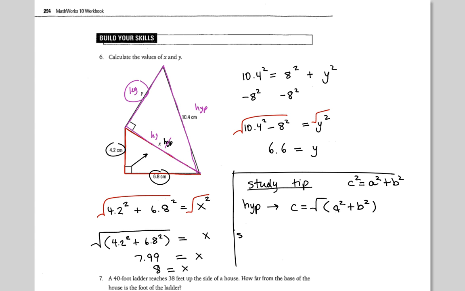Now if you're solving for a leg, and remember the leg can be either a or b, so it doesn't matter which one. Let's just say a. If you're trying to solve for a, you'll notice there's a minus. So all you have to do is remember that it's square root, and then there's going to be a minus rather than a plus.